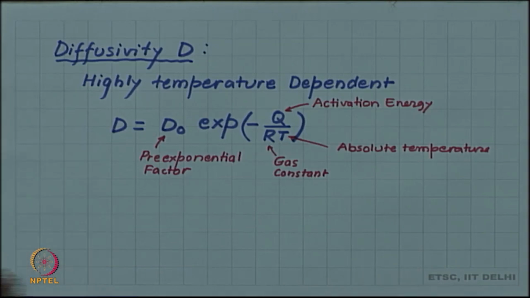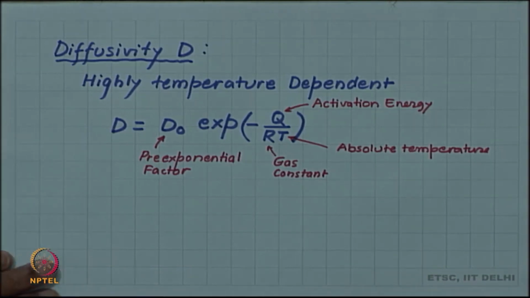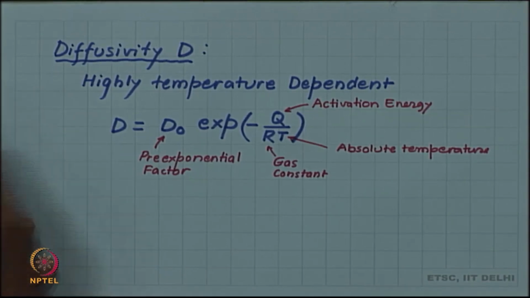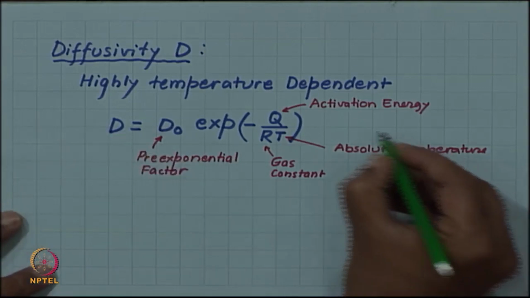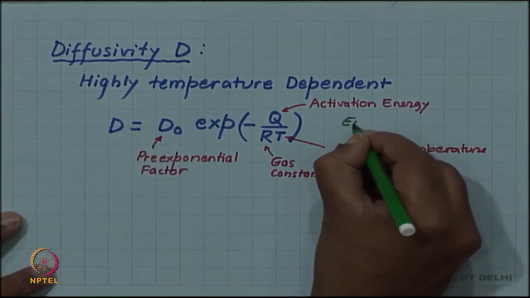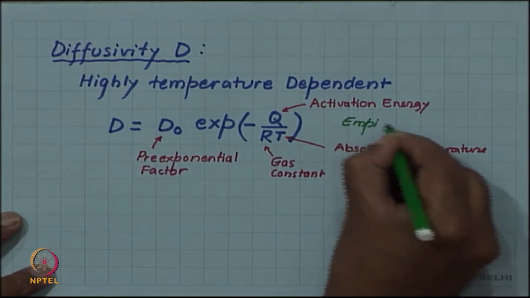So, again we will see that when we try to derive Fick's first law from the first principles of atomic jumps, then in the process we will also derive this temperature dependence of diffusivity. But at the moment we are taking it purely as an empirical relation, that is based on experiments.